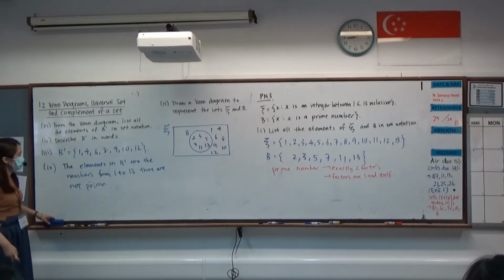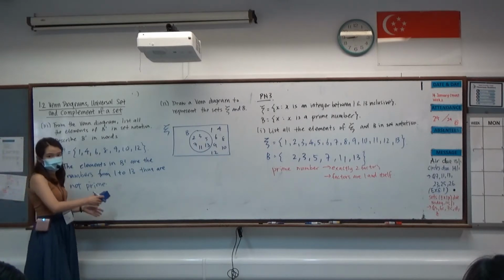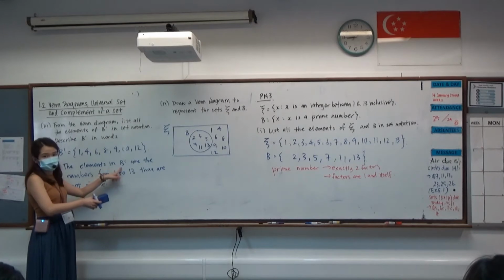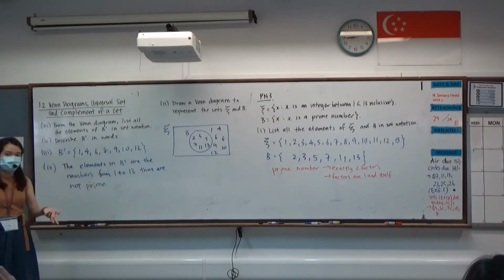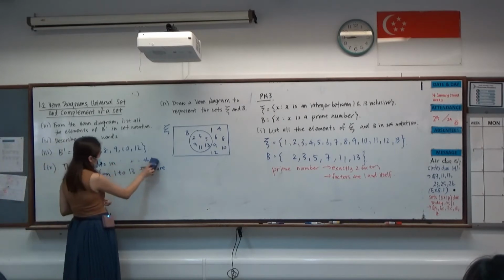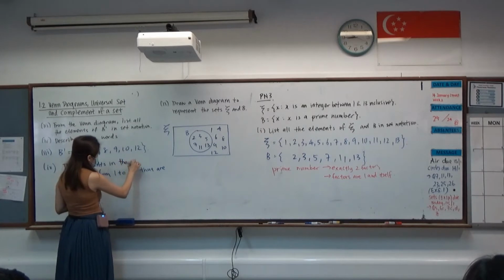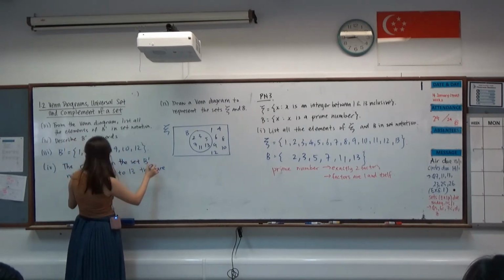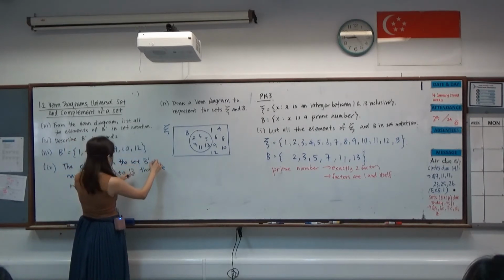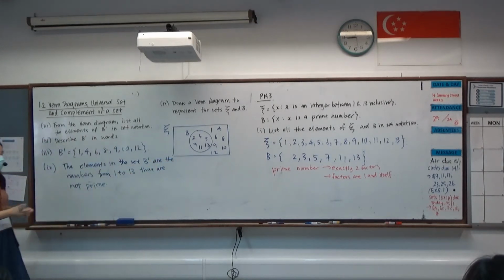Okay, the elements in the set B prime. Because B prime is a notation for the set, it's a set already. If you want to include that, saying that it's a set, that's fine. The elements in the set B prime are the numbers. Anybody else want to add? Yes, Chen.